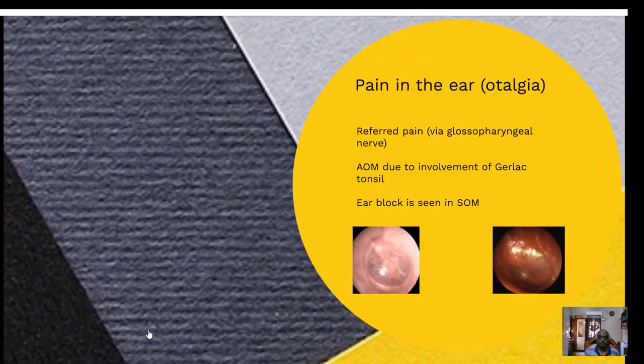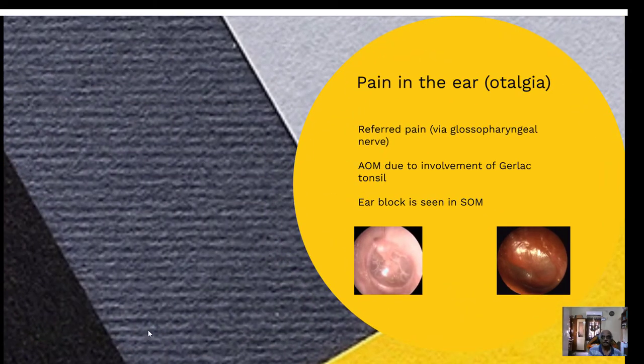Now let us come to the third component, which is pain in the ear. Pain in the ear is classically known as otalgia. The commonest cause of pain in the ear due to inflammatory lesions involving the Waldeyer ring is referred pain. Referred pain is, as you all know, because the posterior pharyngeal wall and tonsil are all supplied by the glossopharyngeal nerve. The same glossopharyngeal nerve also supplies the promontory of the middle ear. The pain localization of the glossopharyngeal nerve is actually very, very poor.